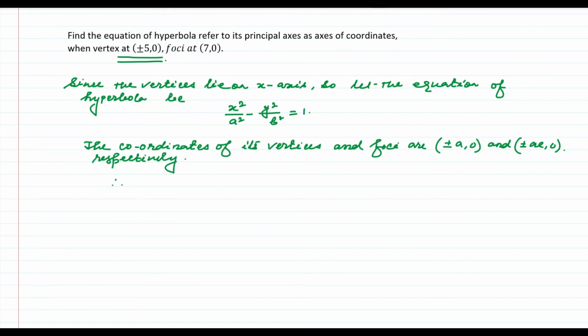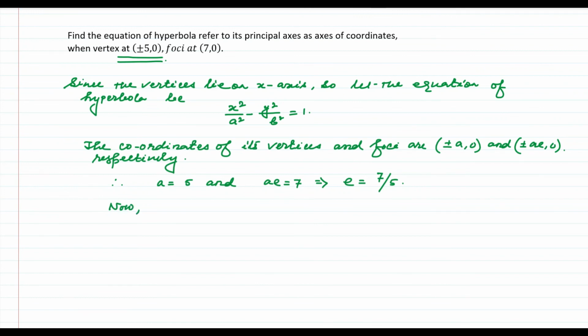So we can say from here a should be 5 and ae should be 7. So by putting the value of a, we can get e is 7 by 5. Now we have to find out the value of b square, then we can formulate the equation.